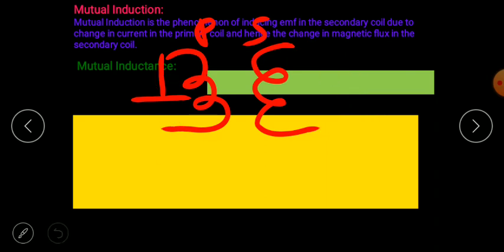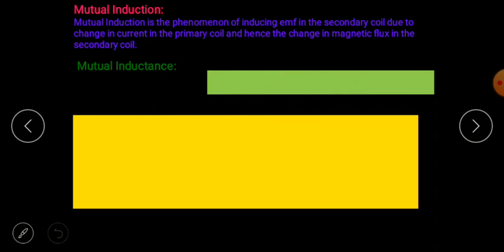What is mutual induction? We can say it is a phenomenon due to which an EMF is induced in a coil due to any change in current flowing in a neighboring coil. For this, let I1 be the current flowing in coil P at time t, and phi 21 be the magnetic flux linked with coil S at the same instant.